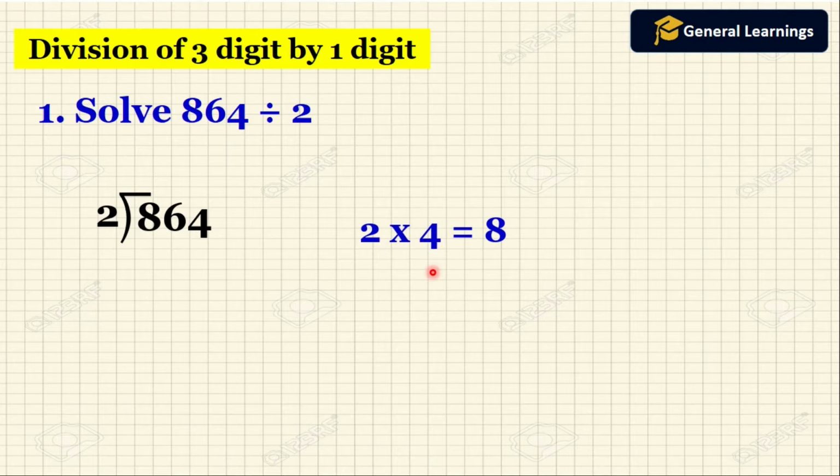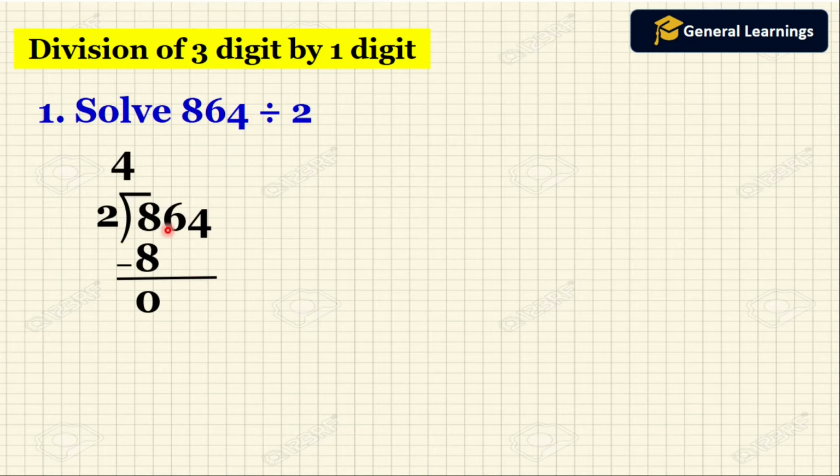So we need to write this 4 in the quotient, and write the product of the multiplication, which is 8, below 8, and then draw a line, then subtract. When we subtract 8 from 8, we get 0.